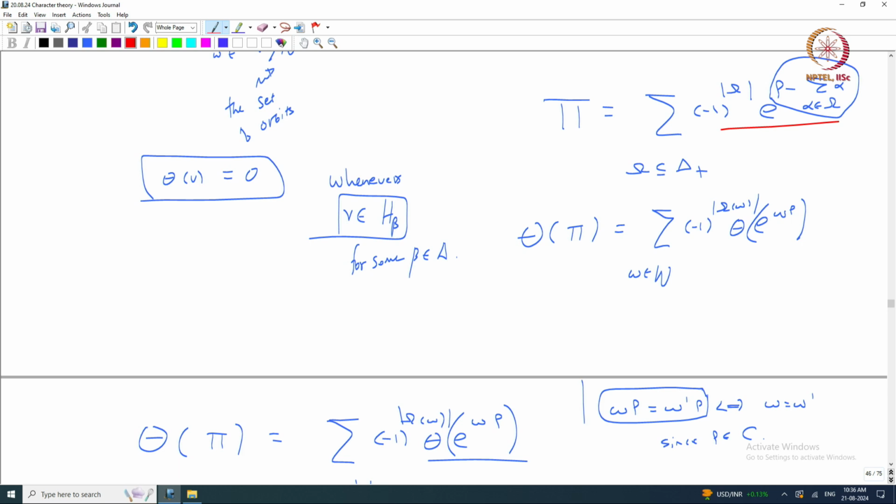So, in particular by applying theta you can see that this is going to give you again sine of theta of e power rho, which gives you exactly the cardinality of W times sigma. Okay. So, this is a very simple computation once we prove that proposition.